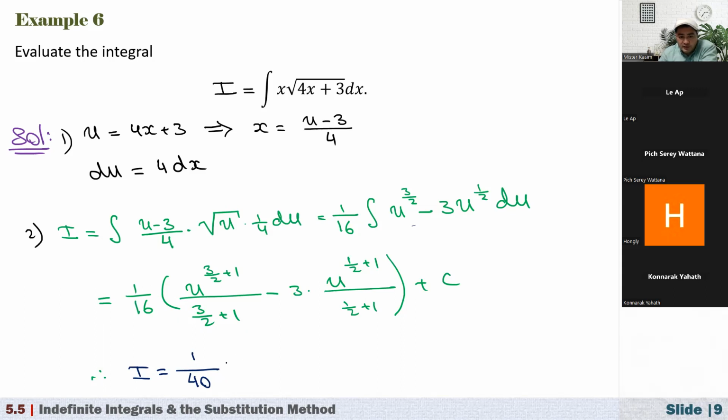So what is u? u is 4x plus 3, to the power of 1.5 plus 1, that is 5 over 2, minus. And how about here? This one is 1 over 2 plus 1, that's equal to 3 over 2. The 3s cancel each other. So here we have 2 times (4x plus 3) to the power of 3 over 2. And here we have C.